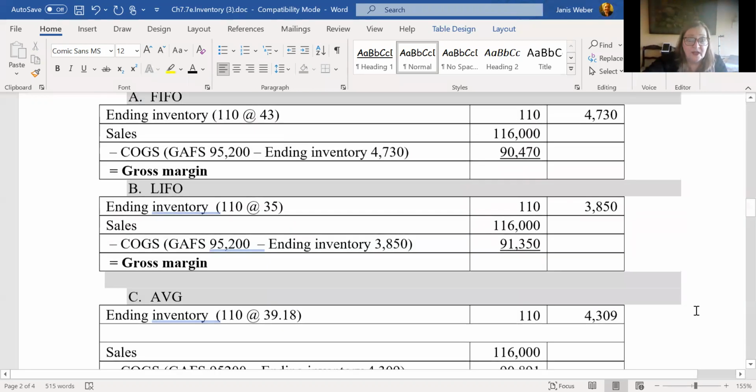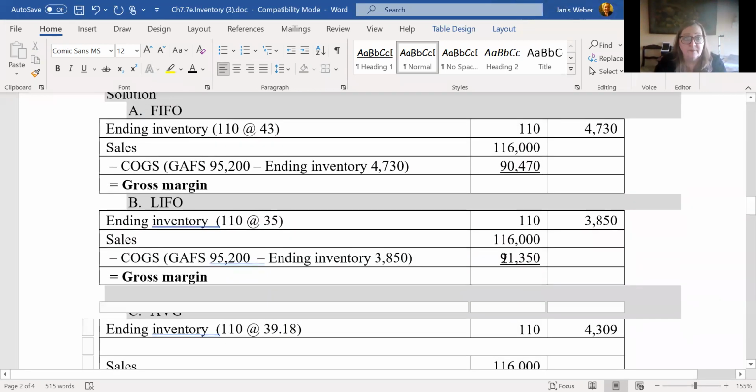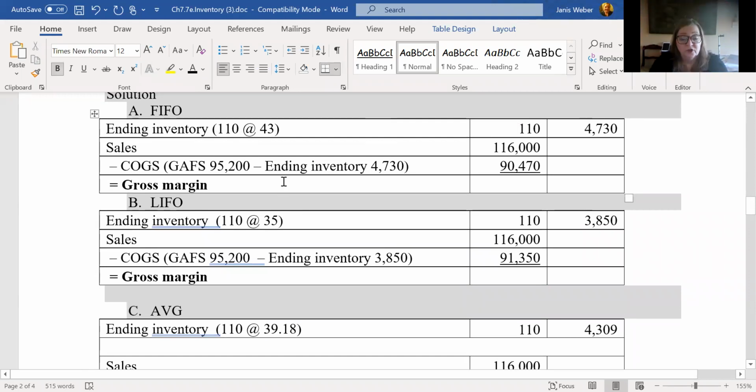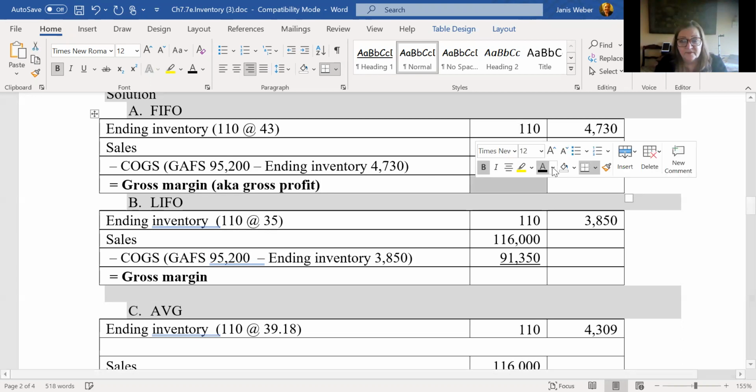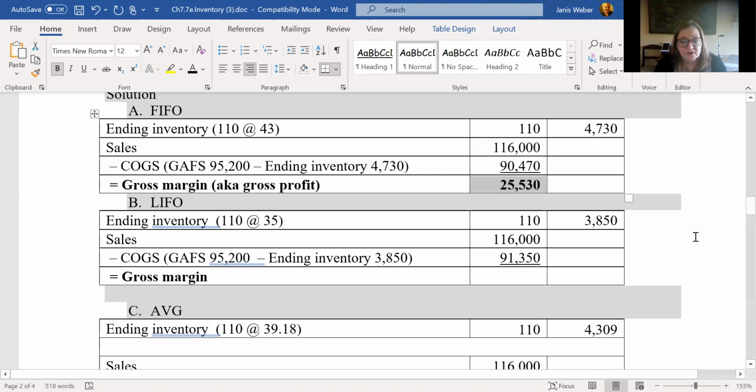So now we have sales and cost of goods sold. That means we can come up with gross margin, AKA gross profit. At 116 minus 90,700, the gross profit or gross margin is 25,530 for FIFO.